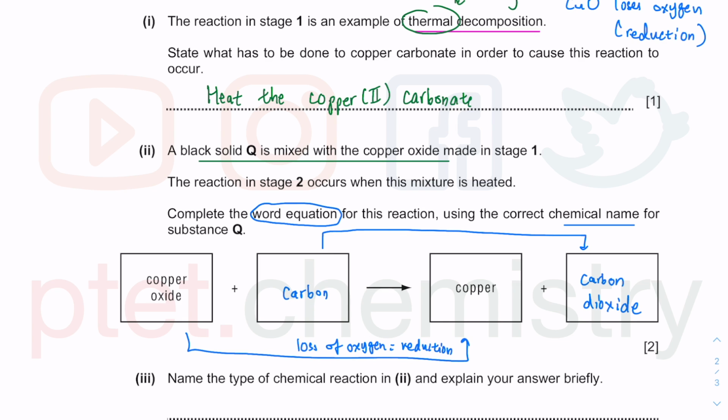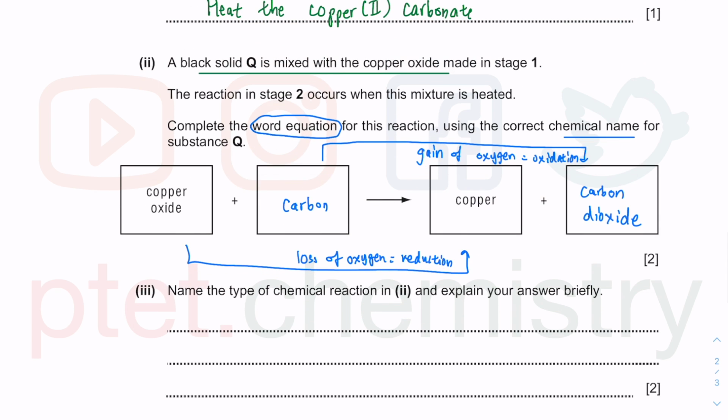Carbon is a reducing agent in this reaction. This oxidizes the carbon, so it makes the carbon undergo oxidation, because it makes the carbon gain oxygen. So that is your oxidation there. So your copper 2 oxide is acting as an oxidizing agent because it makes the carbon gain oxygen to give you carbon dioxide there.